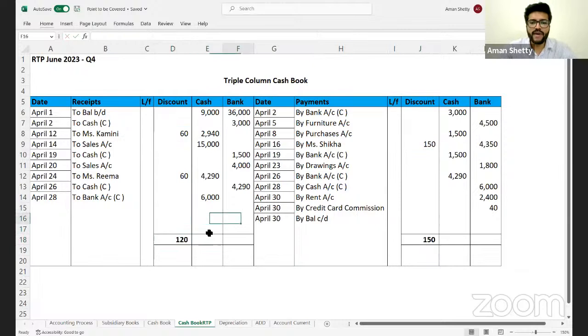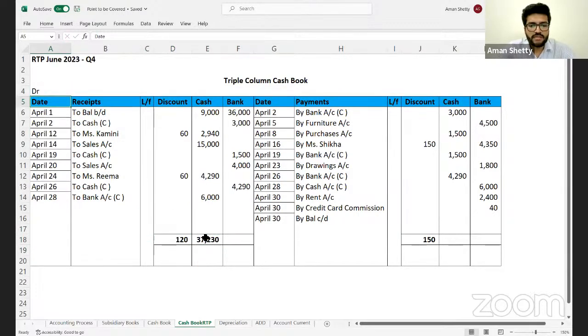Okay. Now balance the cash and bank columns. Total of the debit side: 9,000 plus 2,940, 15,000, 4,290 plus 6,000, 37,230. Next, bank column.